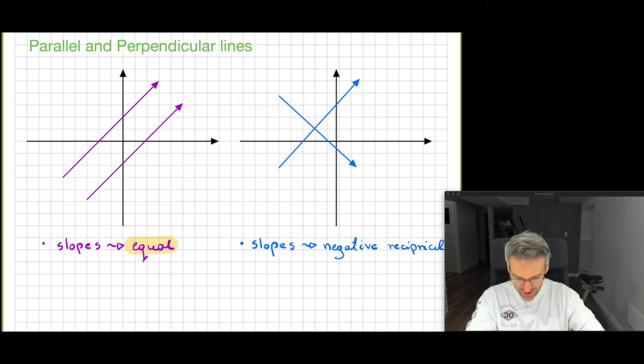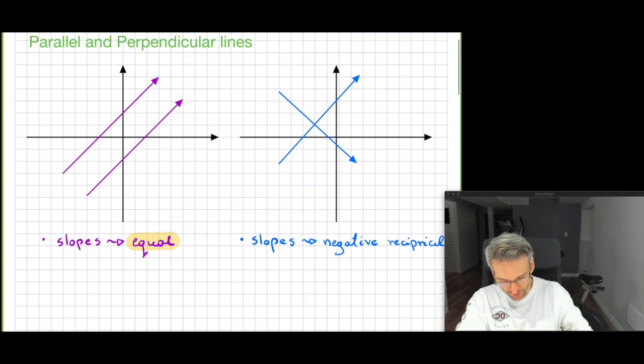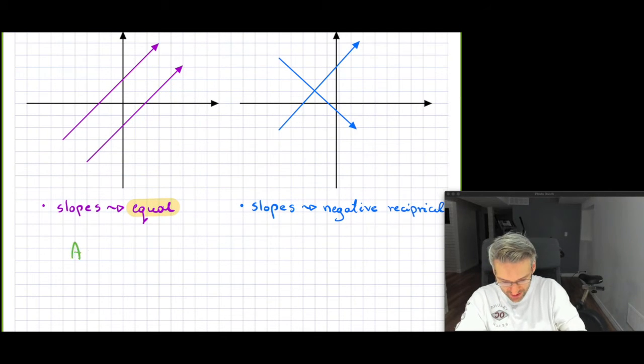Now, checking the slope when it is in the y is equal to mx+b format is rather simple, because all you have to do is look at the slopes and see if they're identical or not. Now, when you have a line which is in the standard form, as a reminder, that is ax plus by plus c is equal to 0.